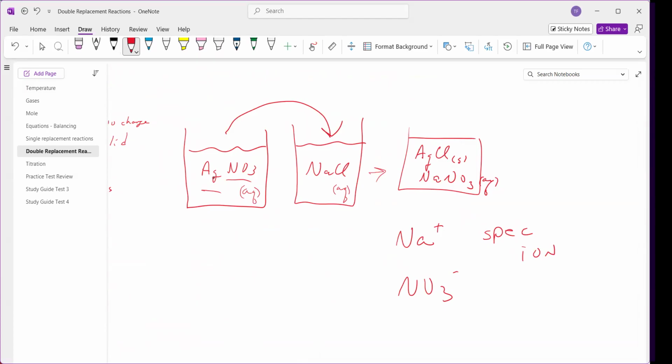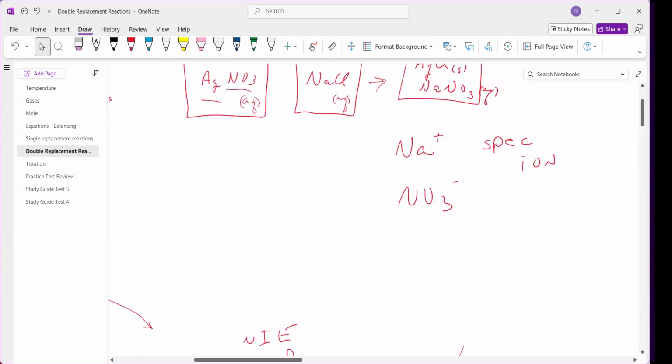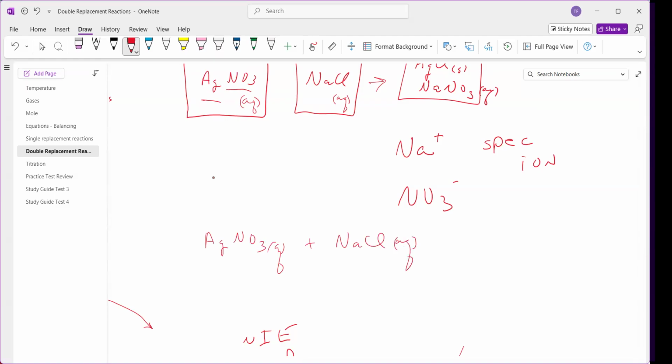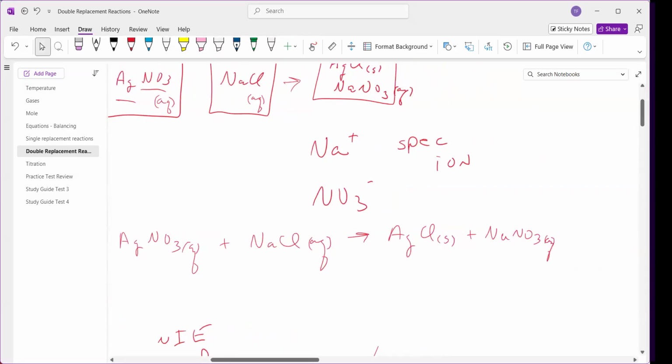So let's write out the whole thing. Okay, this is called the molecular reaction.